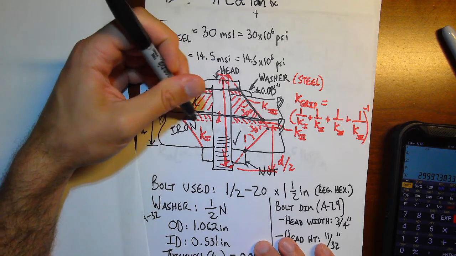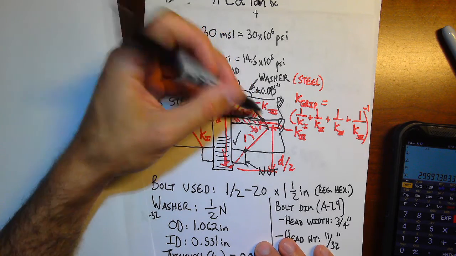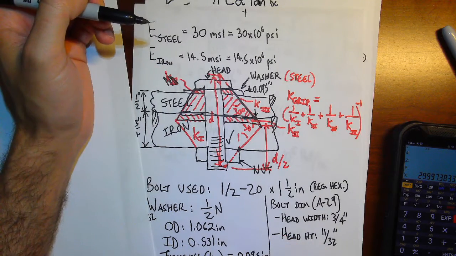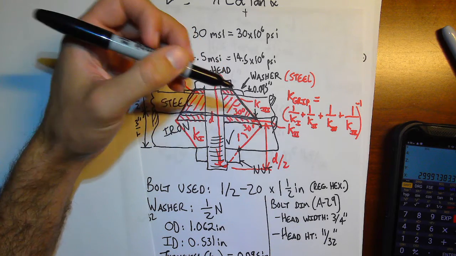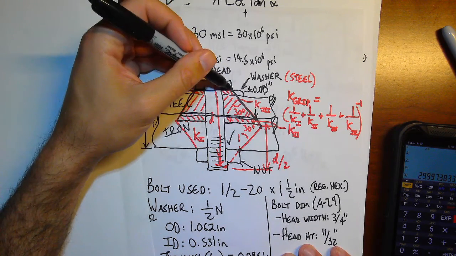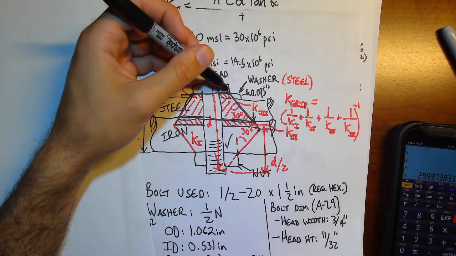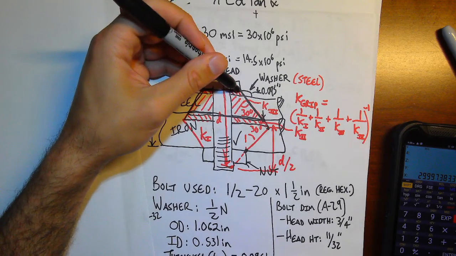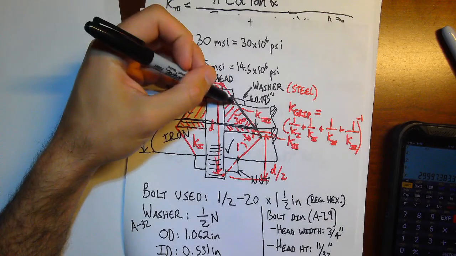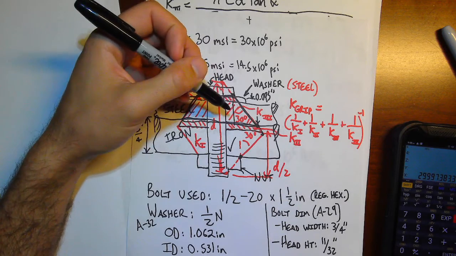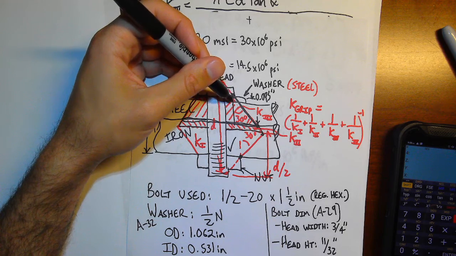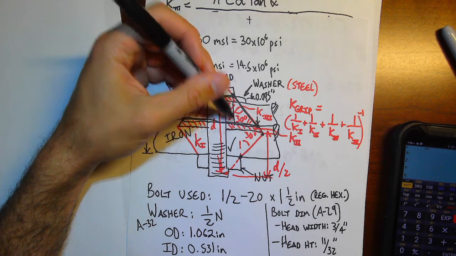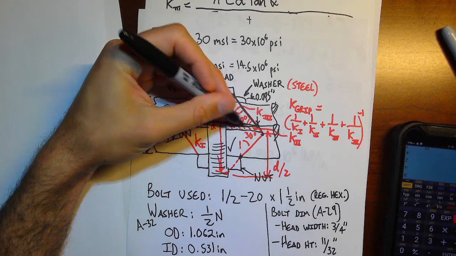Now I just have to figure out the stiffness of this region here, which means I have to figure out where that point is, because that's a small part of my frustum. If I can get where that is, I get D, right? I started at a radius of 3/8 of an inch out from this point. Then I went down 0.595 inches to get from here to here. So in theory, I should be able to say tangent of 30 times this distance gets me this leg here.